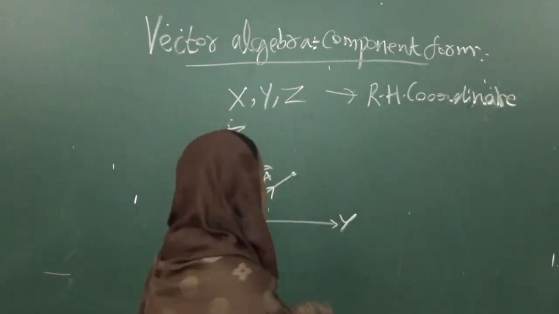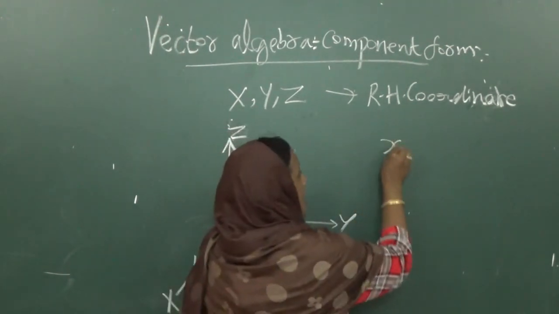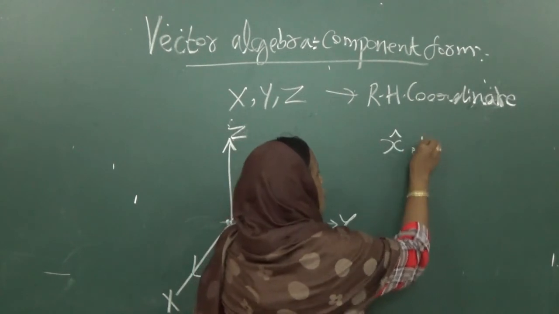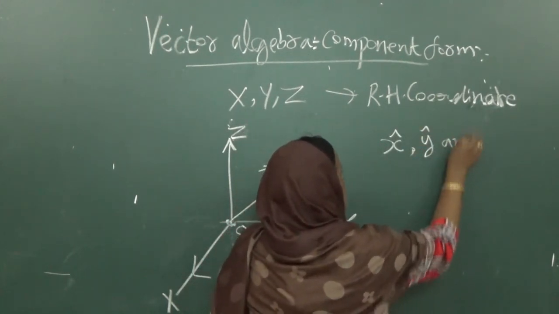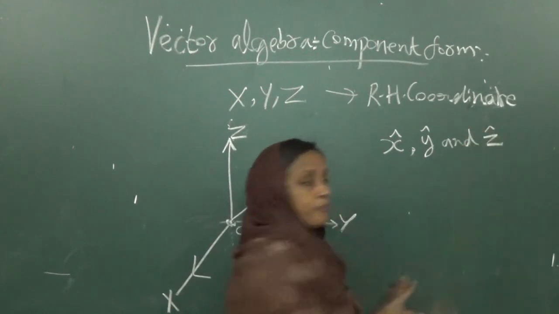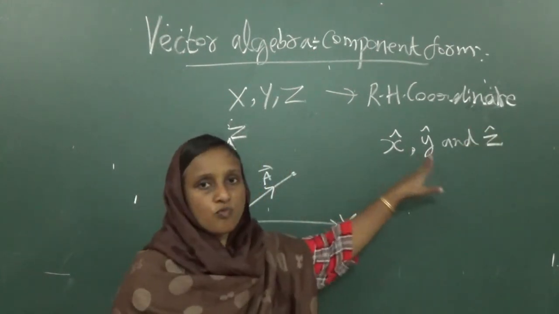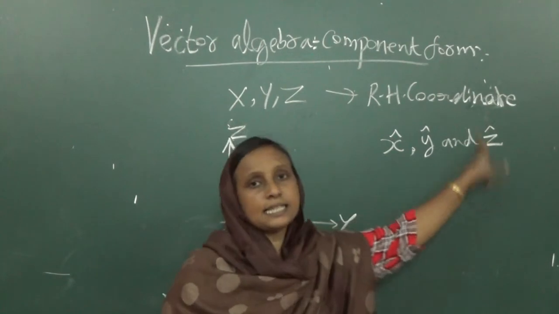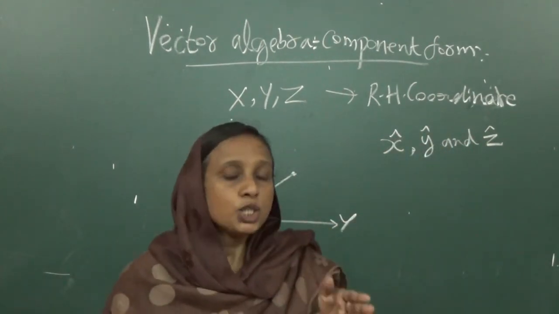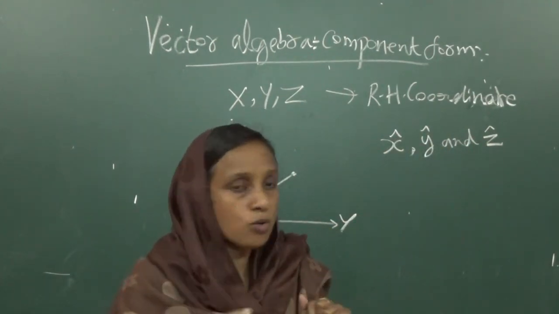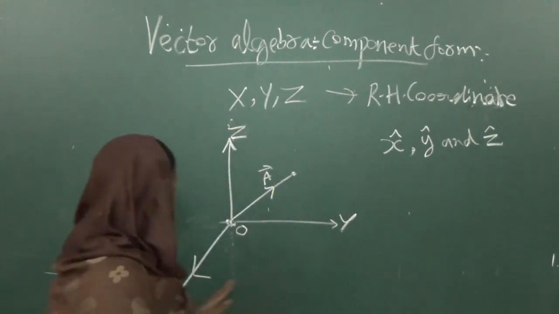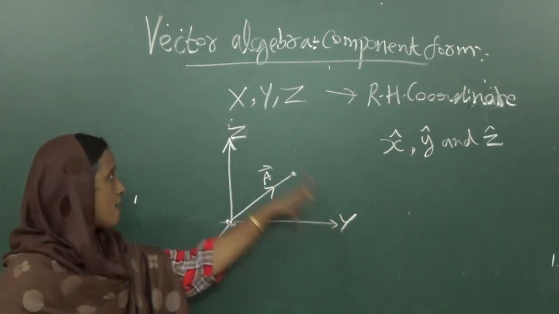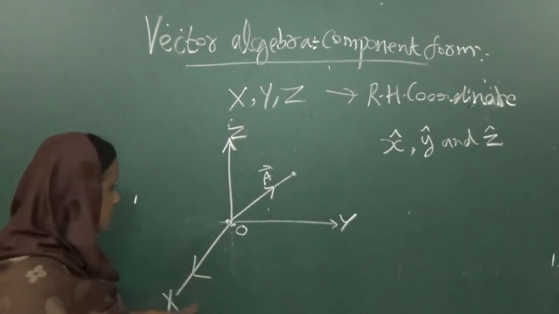Suppose x cap, y cap and z cap represent the unit vectors along the three different axes, x, y and z.